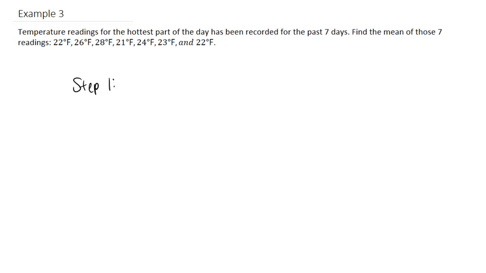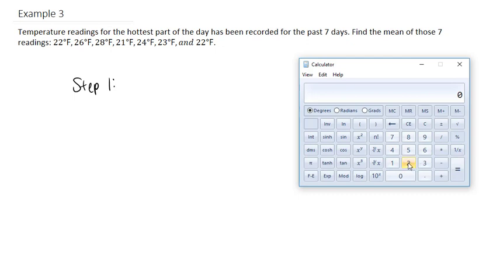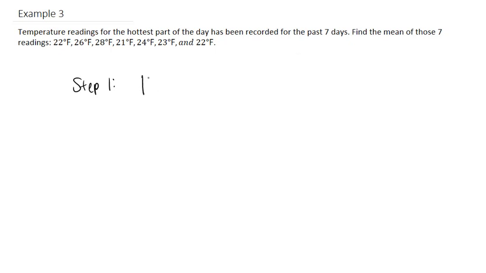So if we take our calculators out, we got 22 plus 26 plus 28 plus 21 plus 24 plus 23 plus 22 equals 166. So we added all these up and we got 166.